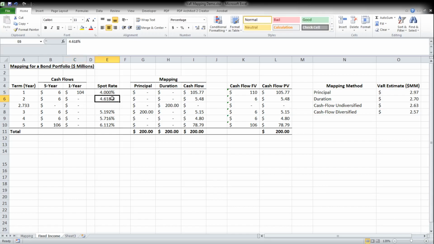We're also given the yield curve, the spot rates for each of the years. And we can notice that this is an upward sloping yield curve for this scenario. Now, the three different methods to map this portfolio of two bonds are principal, duration, and cash flow mapping.